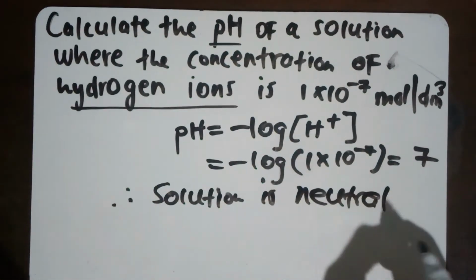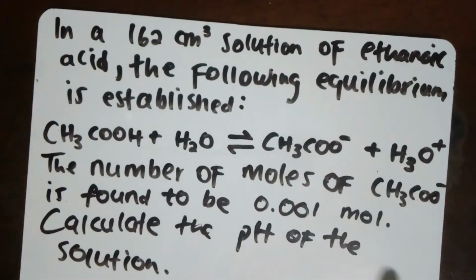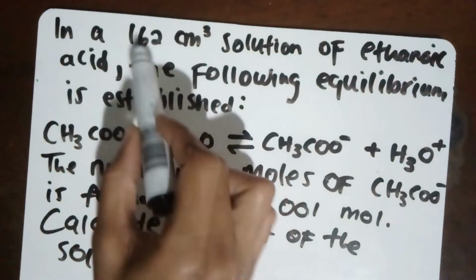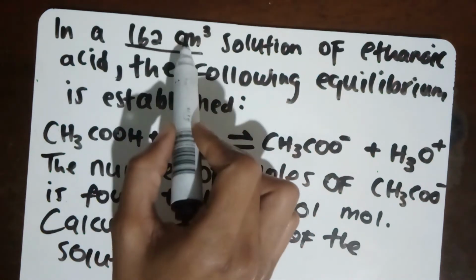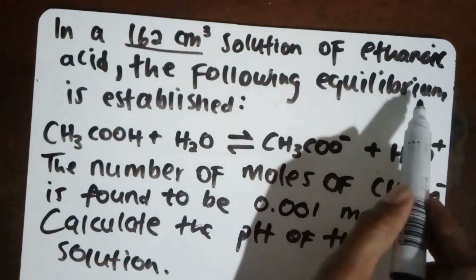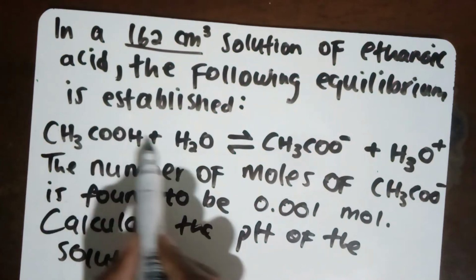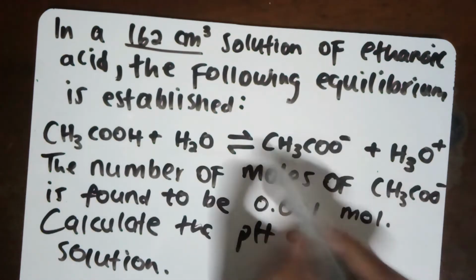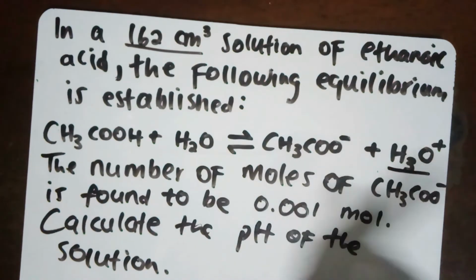So now let us take a slightly more challenging exercise in terms of calculating pH. A question says: in a volume of 162 cubic centimeters of a solution of ethanoic acid, the following equilibrium is established. We have an equation where acetic acid, or ethanoic acid, reacts with water to form the ion CH3COO minus plus the hydronium ion, right?